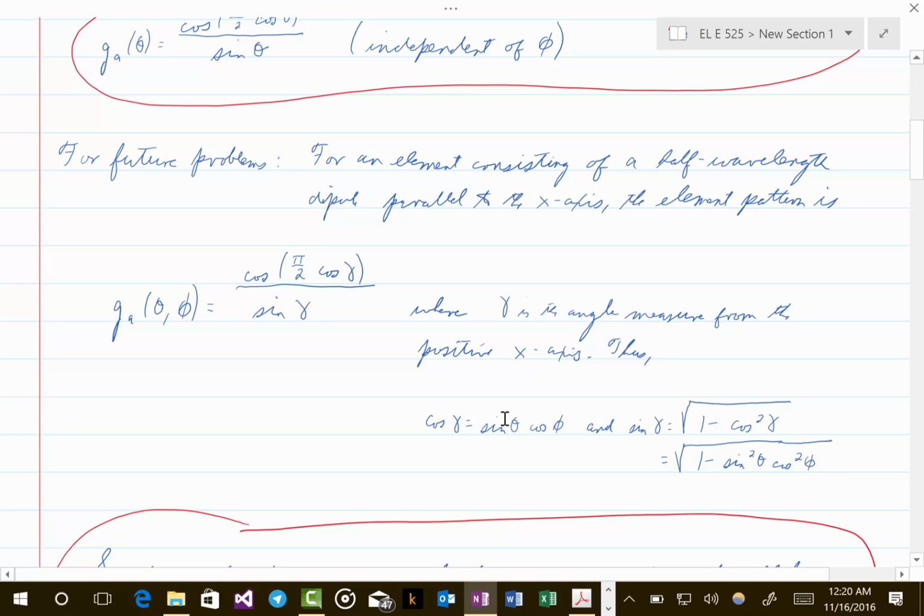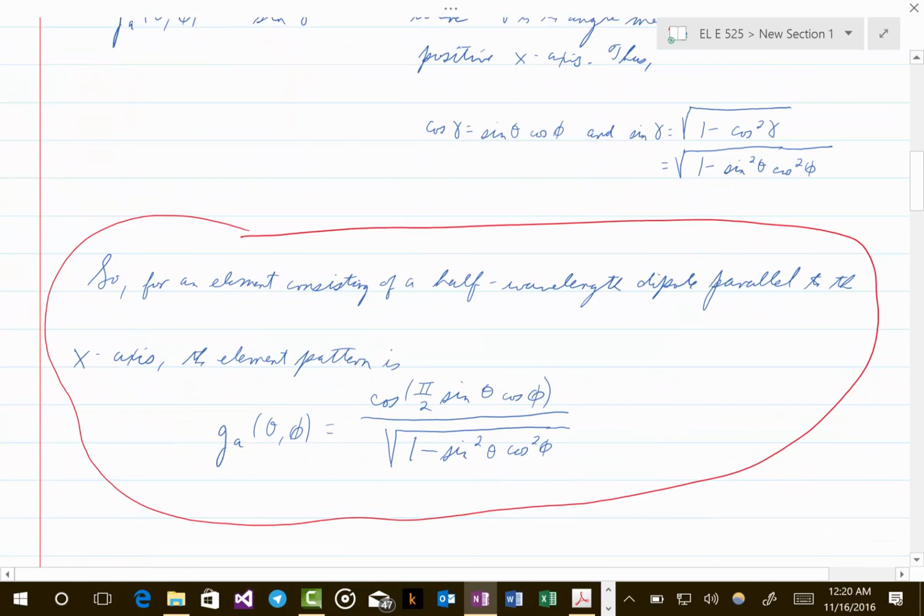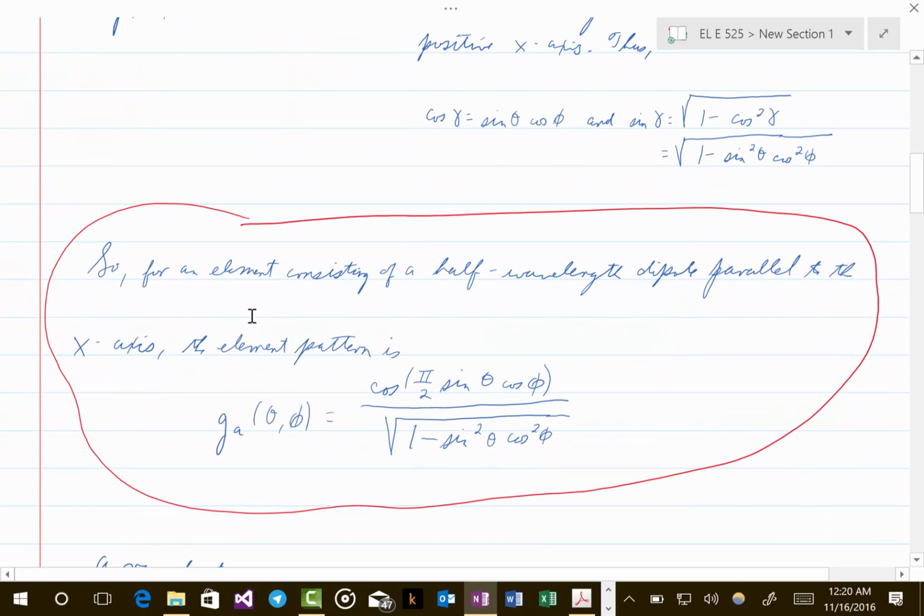So when we substitute this expression for cosine gamma and this expression for sine gamma into our expression here for the element pattern for a half wavelength dipole parallel to the x-axis, we will get this final result right here.